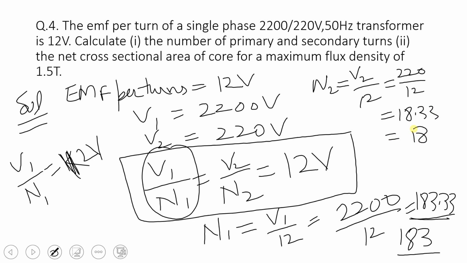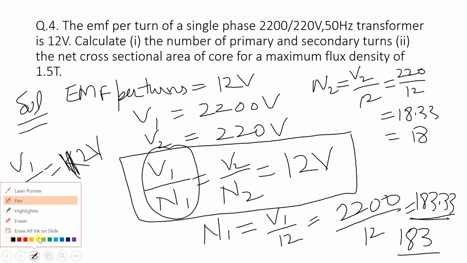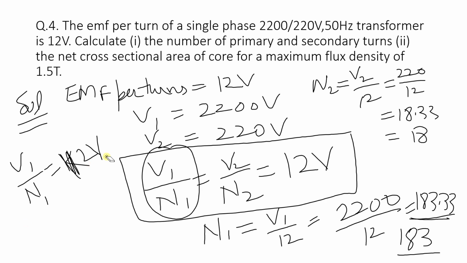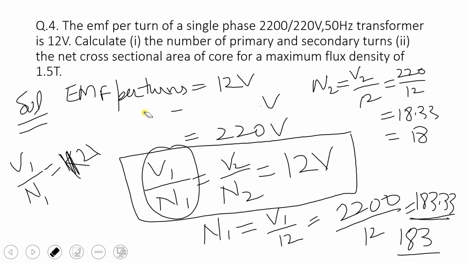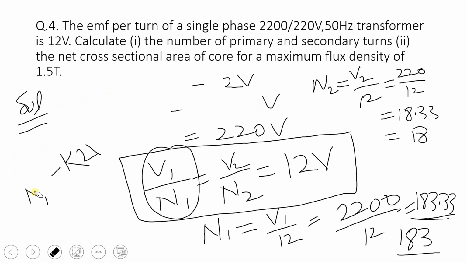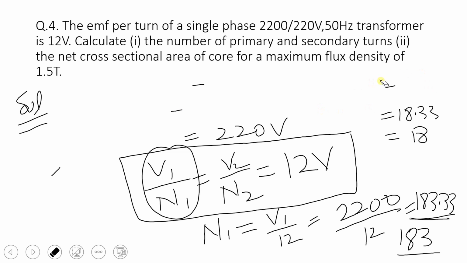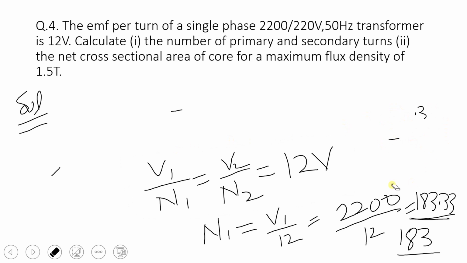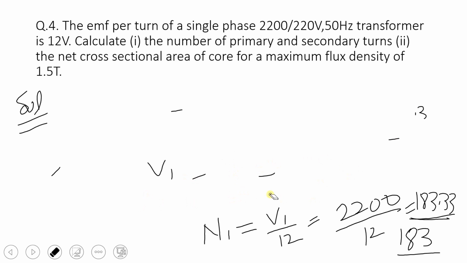So this is how we calculate the value of N1 and N2. Then the second part of this question is the net cross-sectional area of core for the maximum flux. So we have to find out the cross-sectional area. For this, what will we do?